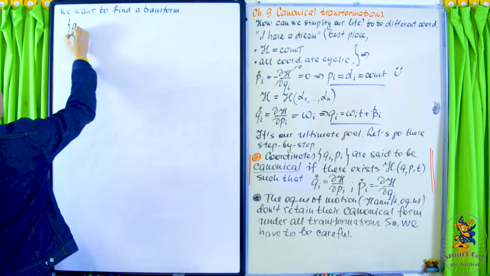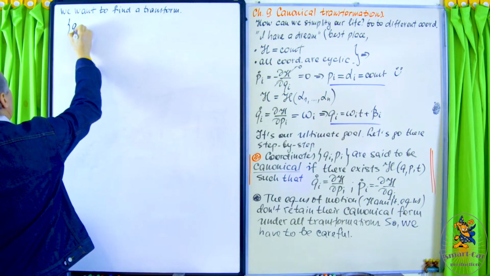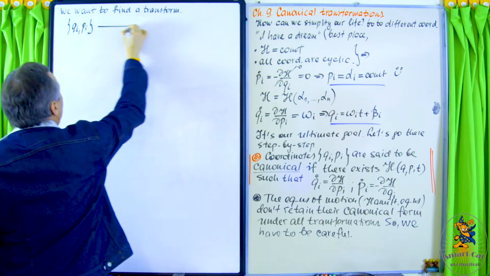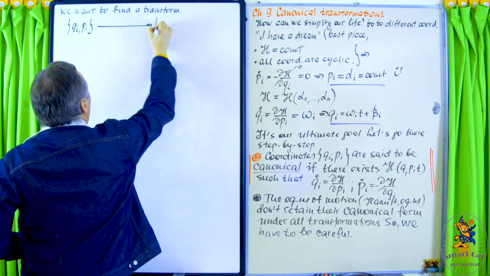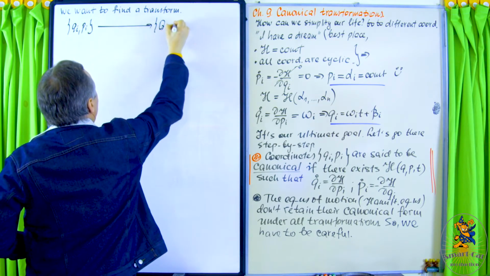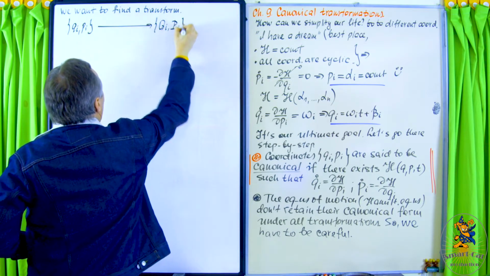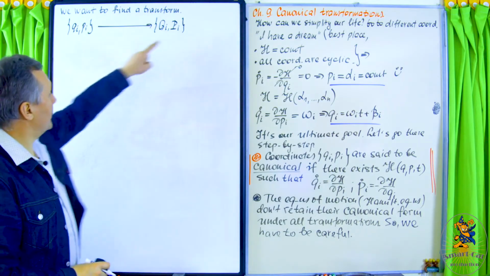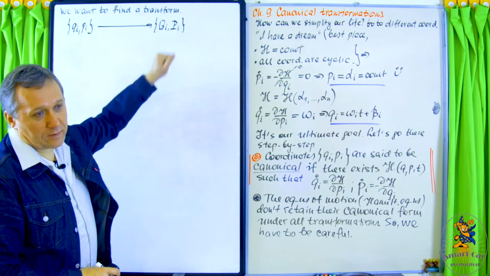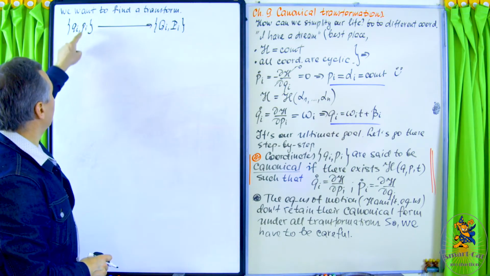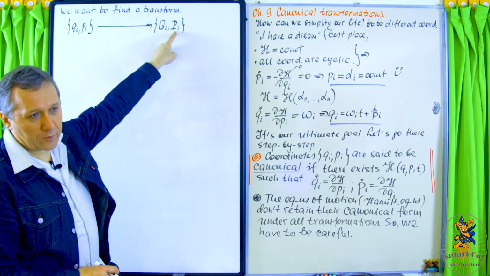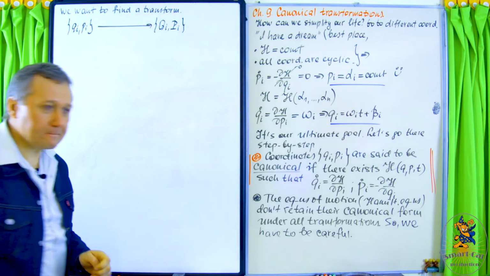So from q small sub i, p sub i, to a new world, and this will be q capital, p capital. The difference between small p and big P, at least the way I try to write them down: here I don't have a bar underneath of P, here I have a bar, so that basically means P capital, right?